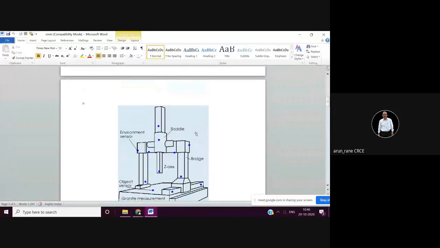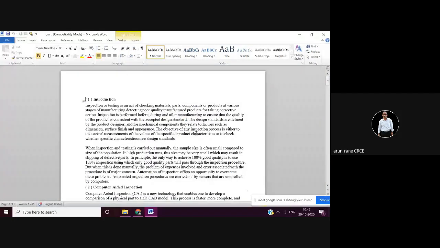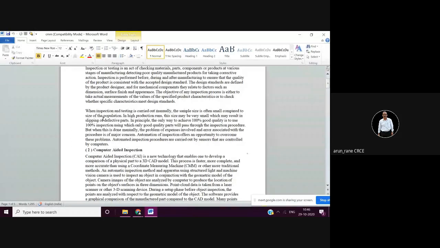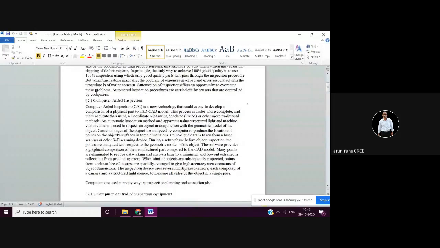Again, this is a Word file which I have uploaded on the classroom. The introduction covers what is inspection, what is testing, and a typical question: why do we need to go for computer aided inspection, that is CAI, why not manual inspection.